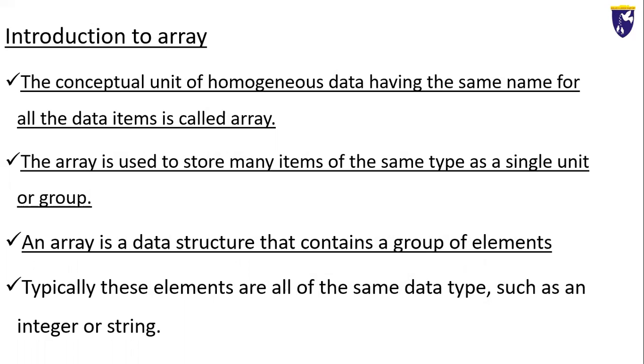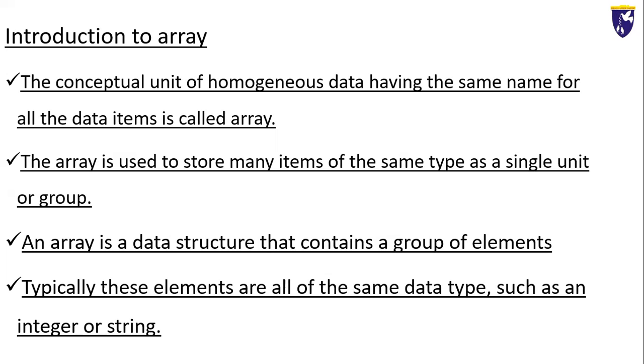An array is a data structure that contains a group of elements. Typically, these elements are all of the same data type, such as an integer or string. So if we are going to store integers in the array, then all of them must be integers.